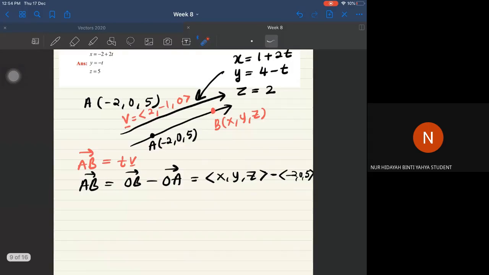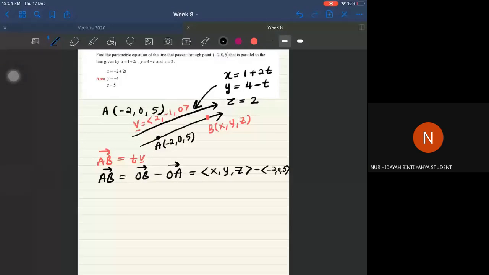Okay. So vector AB is equals to, so X minus 2, so you akan dapat X plus 2. Y minus 0 kan, which is equals to Y lah. And another one is Z minus 5. Okay.